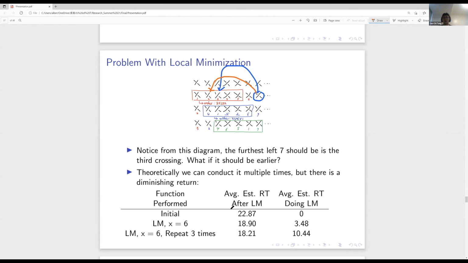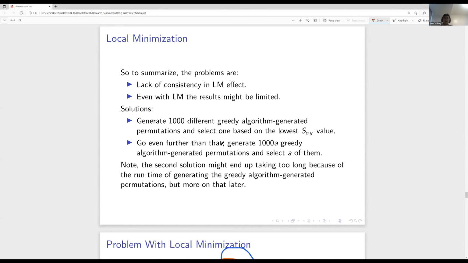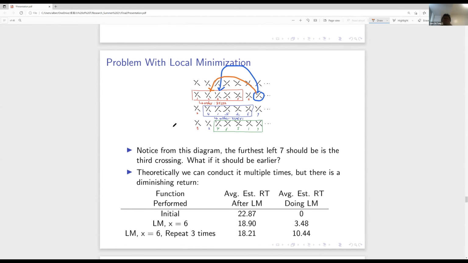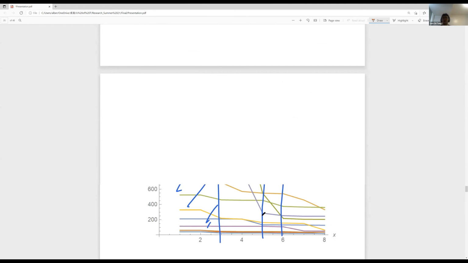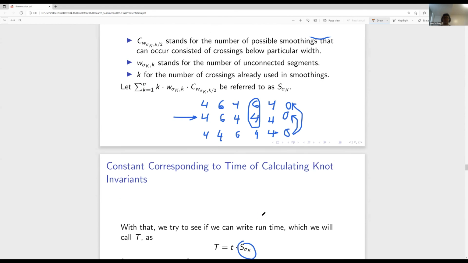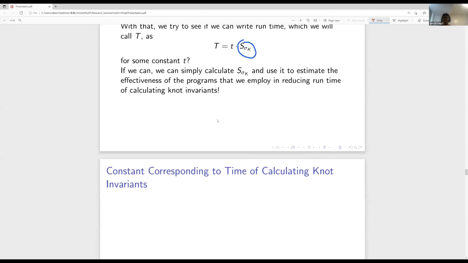For example, in this following example, I took quite a few, I believe it's 10, greedy samples via selecting the best out of 1,000 greedy algorithm generated permutations. And then I try and estimate the time it will take to calculate the Kauffman bracket based on the formula here.